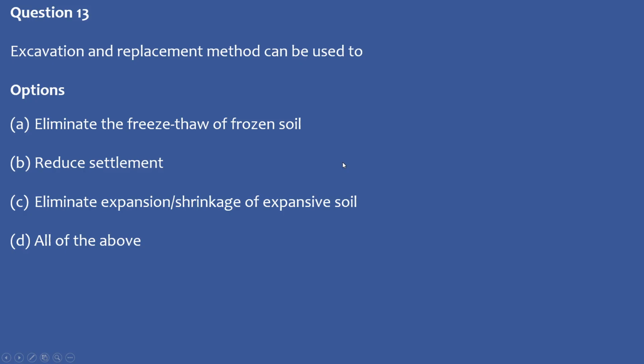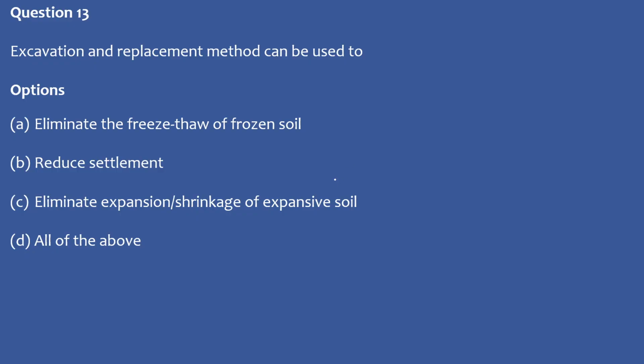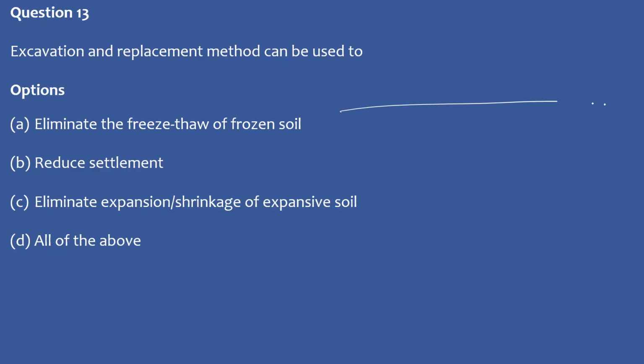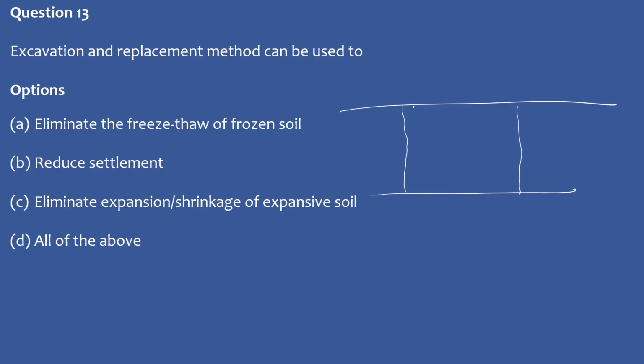There are certain conditions in the soil mass where you can't improve the soil by any of the methods, and your economic calculation also shows that it is more feasible to replace it. So let's say this is your ground, and this section of the soil doesn't have the capability to survive the hazard which has been calculated.